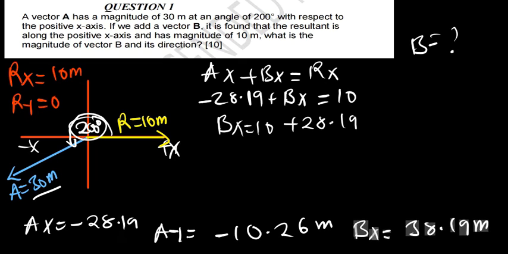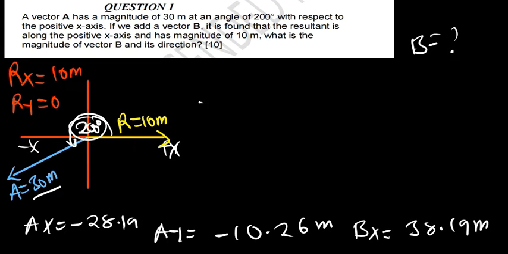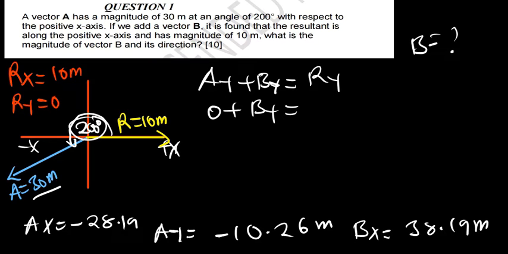The next thing, I have to go to y, using the same principle. I'll say ay plus by is equal to ry, because we're dealing with r and y.